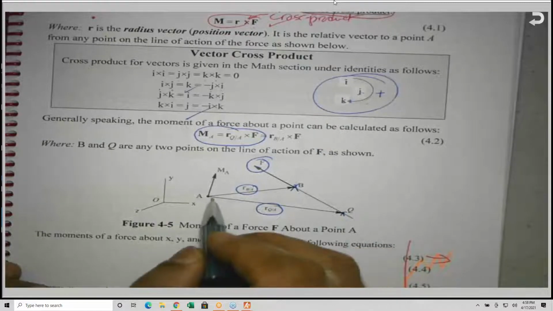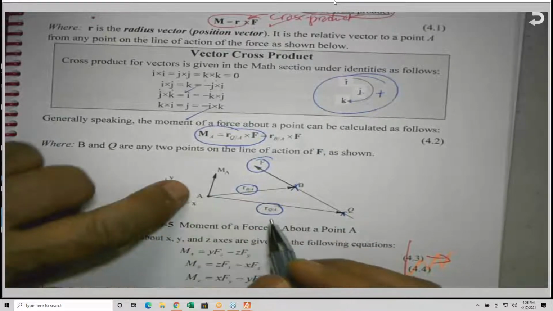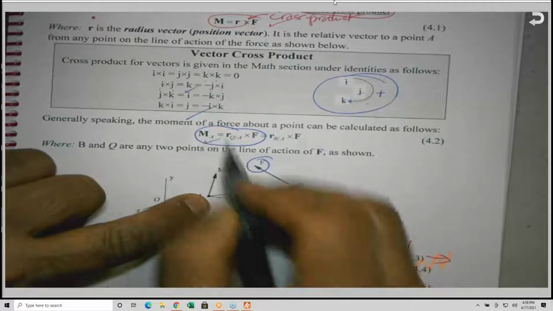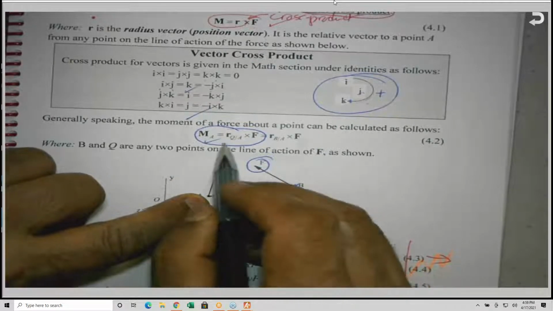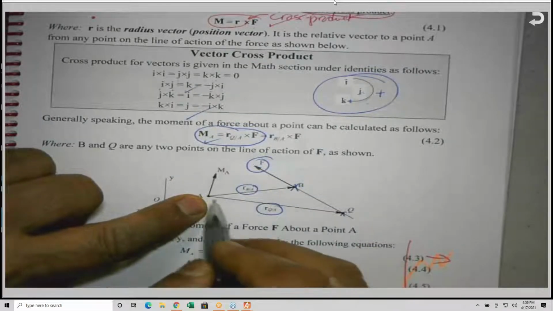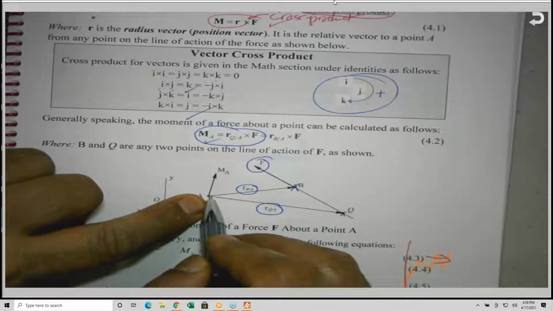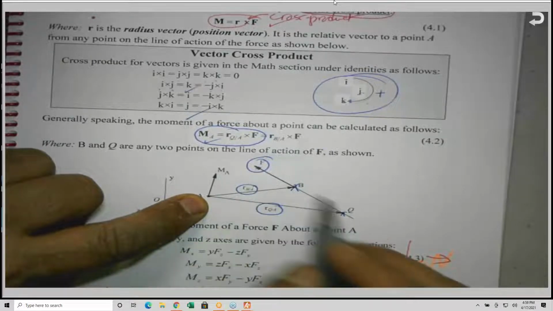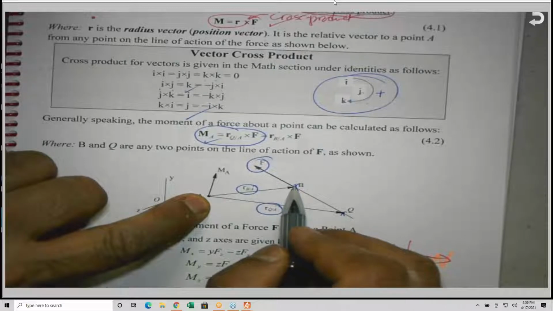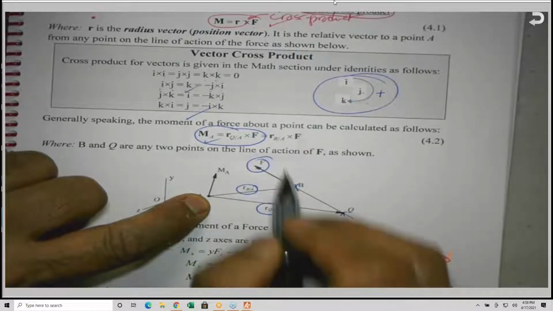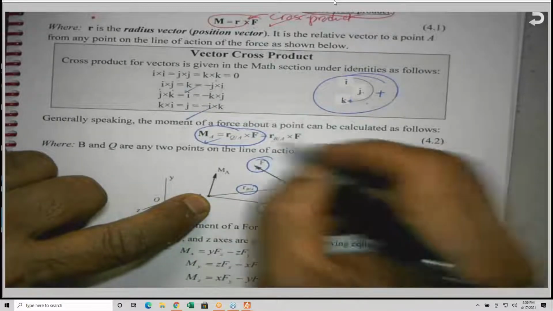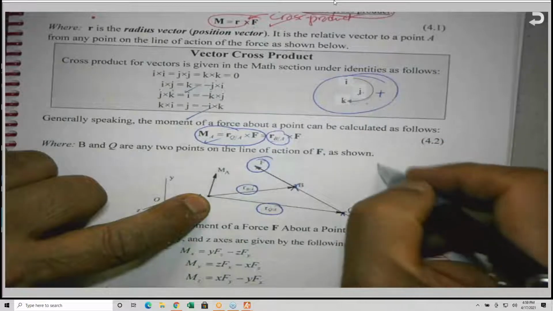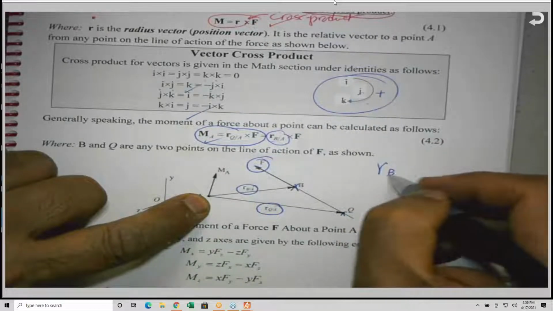I need to find the moment about A. So the moment about A, as indicated here, is equal to the position vector Q with respect to A times F. Or if I decided to select another point, like point B, then position vector R, B with respect to A. This is how we write it.